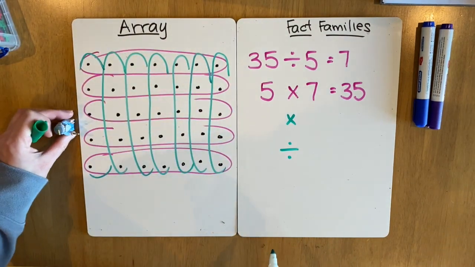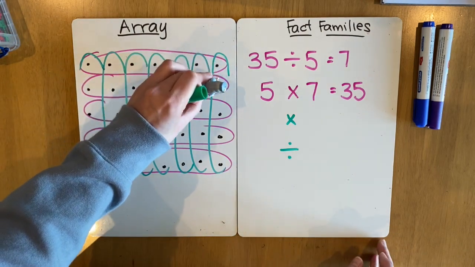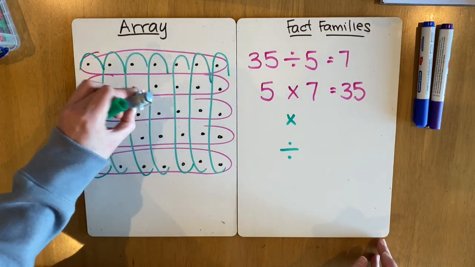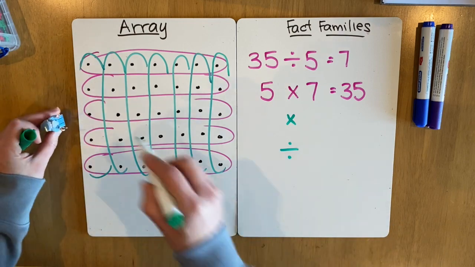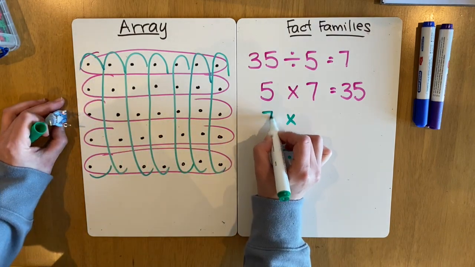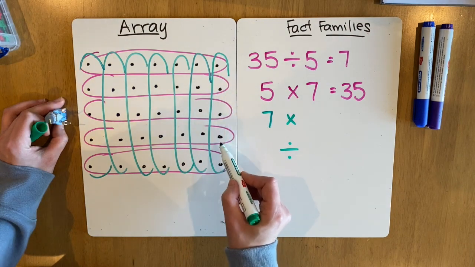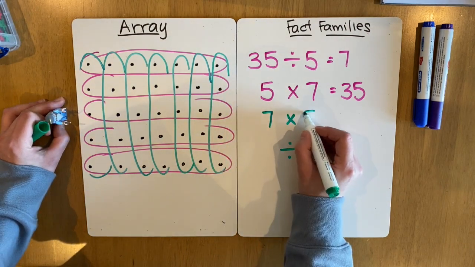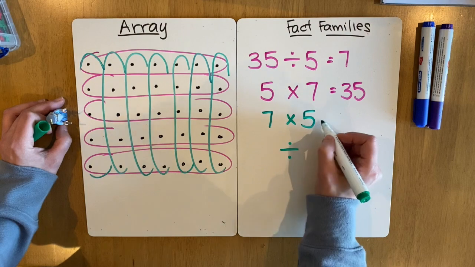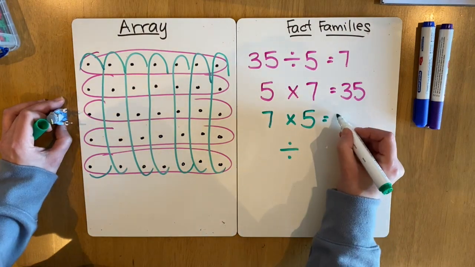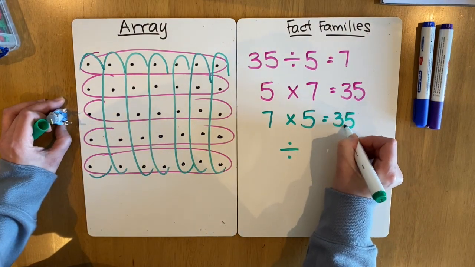So how many groups can Dumbledore see? 1, 2, 3, 4, 5, 6, 7. He can see 7 groups with 5 in each group. Altogether, we've got 35 because that number never changes.